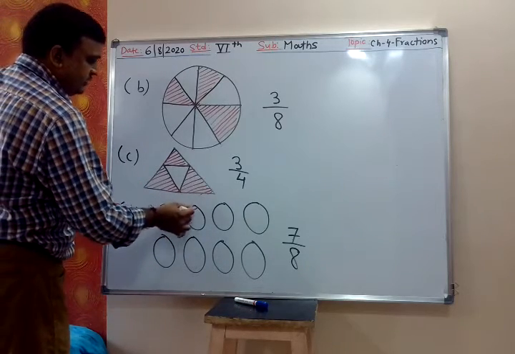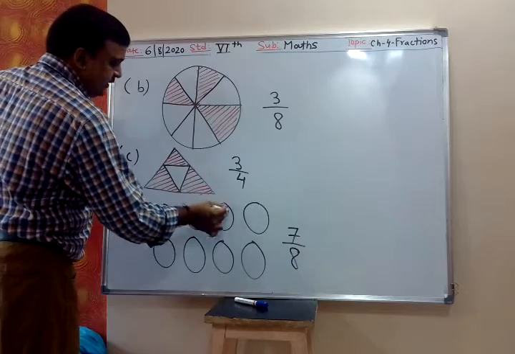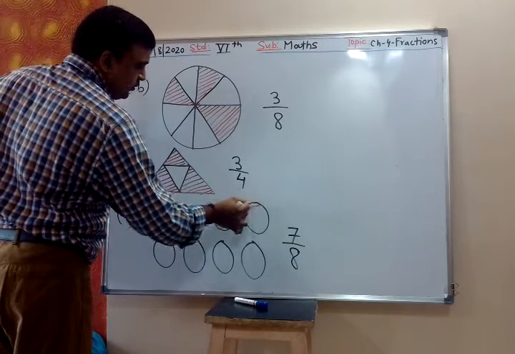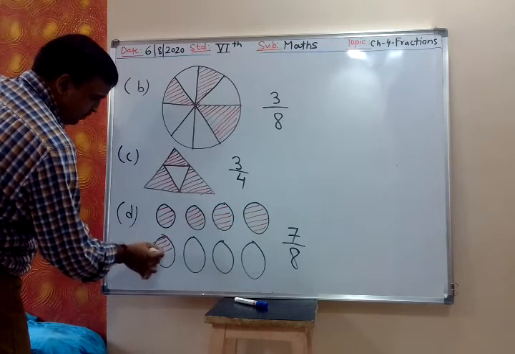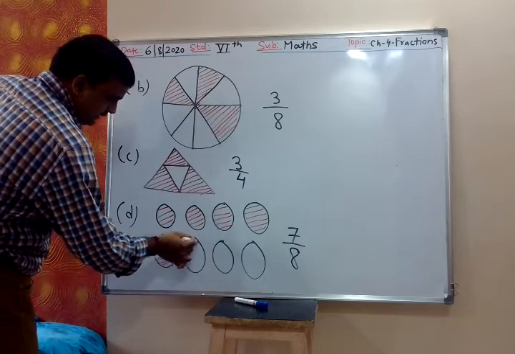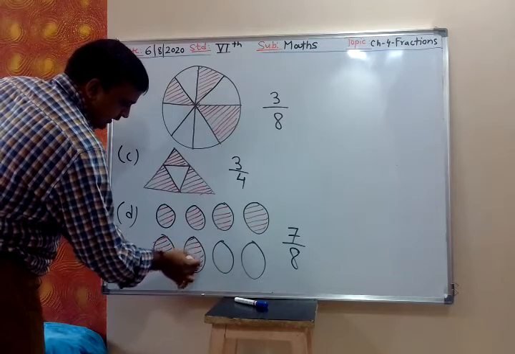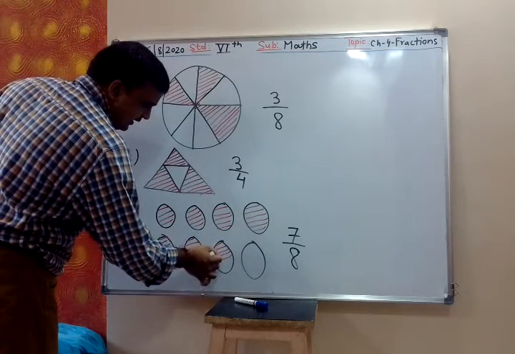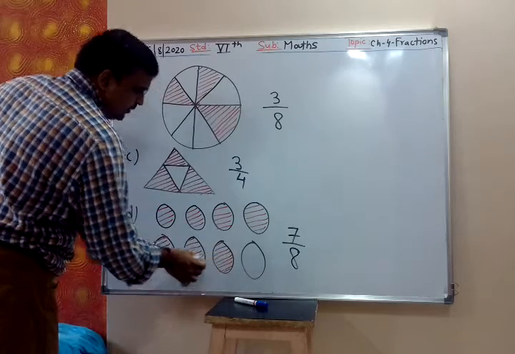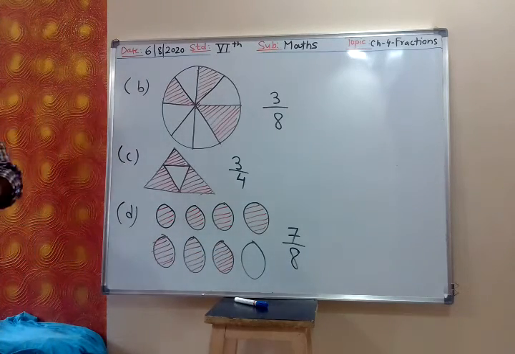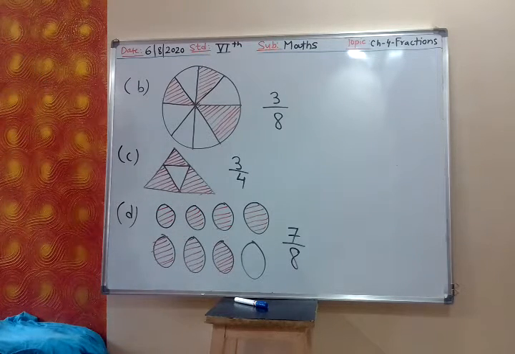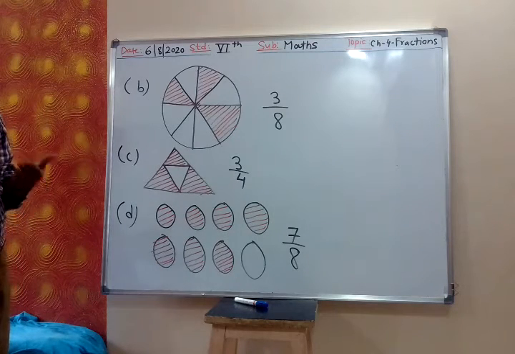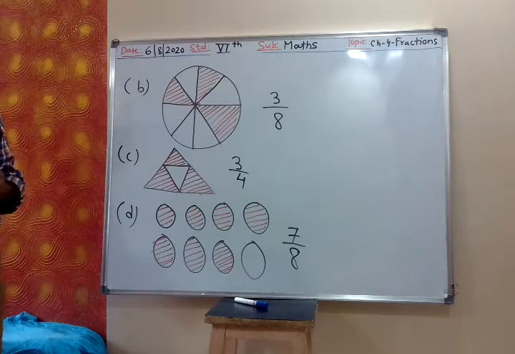So this is my 1 circle, 2 circle, 3 circle, 4 circle, 5 circle, 6 circle, and 7 circle. So 7 circles we have to shade or color. So the fraction is 7 upon 8, means you have to shade 7 circles out of 8 circles.